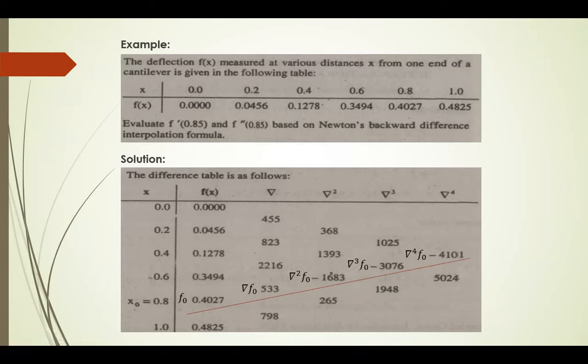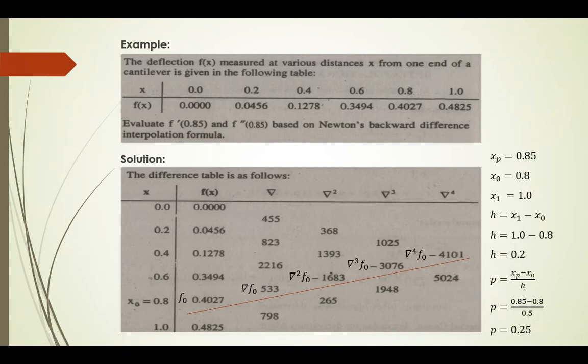Secondly, f naught is in front of x naught and the nablas are upstairs, as we've studied in the last chapter. That is nabla f naught, nabla square f naught, nabla cube, nabla 4, and these calculations are obvious, as you know from the previous example, that xp is 0.85, x naught is 0.8, x1 is 1. Calculate h, that is h.